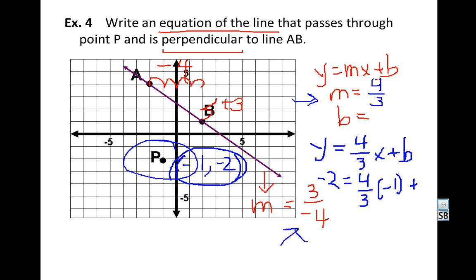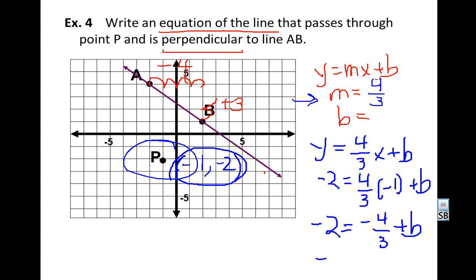And then add b. Let me erase this for now just because it's in my way. Okay, I'm going to continue here. -2 is equal to -4/3 plus b. I know that -4/3 is -1 1/3 plus b. If I add 1/3 on both sides, my b has to equal what, guys?